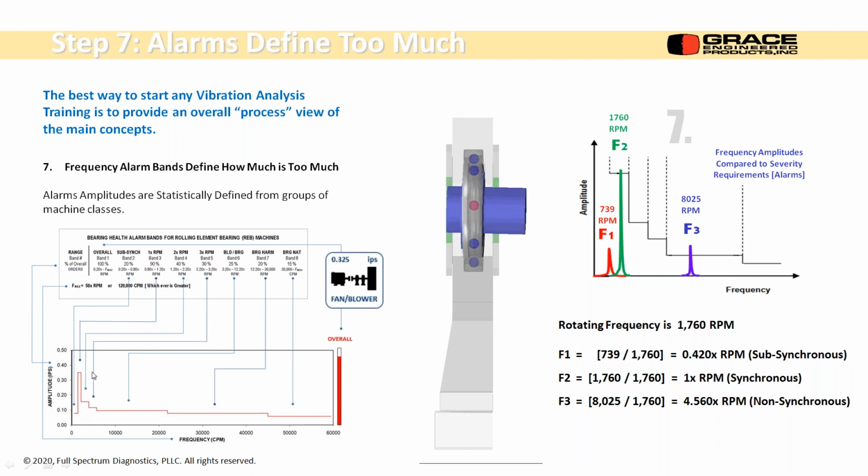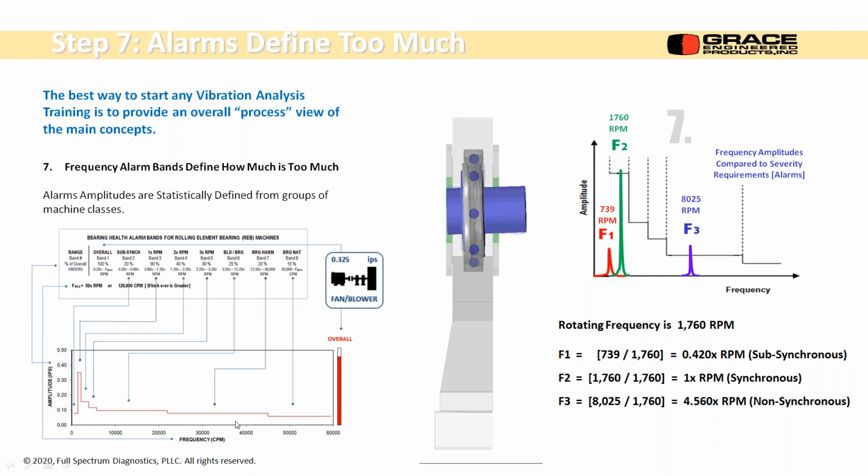We have a 1 times RPM range, where it'll be 90% of the overall level. We'll have a 2 times RPM range, or twice running speed, and it's going to be at 40%, and 3 times is 30%, and blade pass frequency ranges and bearing defect ranges are 20, 25, and 15%.